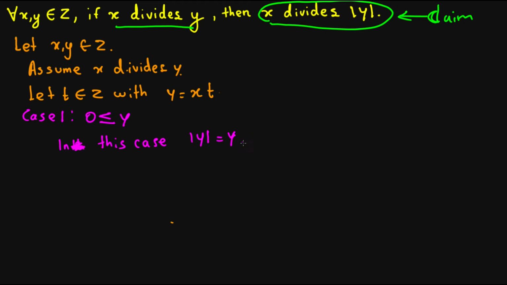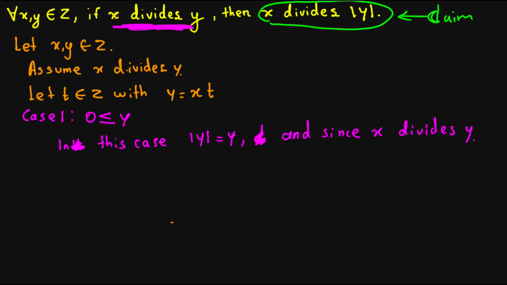And since x divides y, because we can use this one. If we have an if-then statement, whatever comes after if, we use that to prove this.